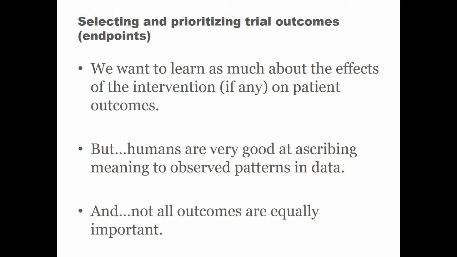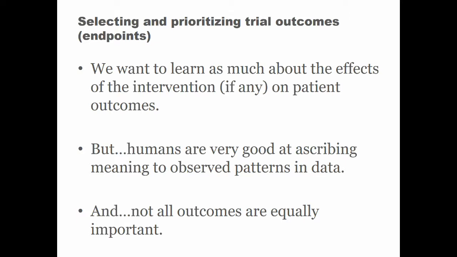But at the same time, humans are really good at describing why patterns exist once they've seen them. It's very hard to predict what's going to happen in the future and then check that prediction against data. It's very easy to see data and then tell a story that makes a lot of sense based on what you've seen after the fact.